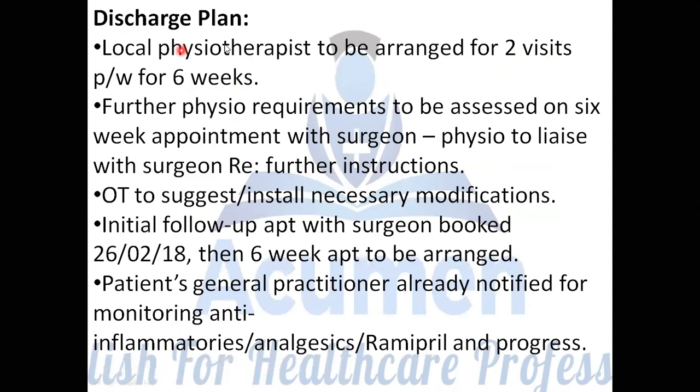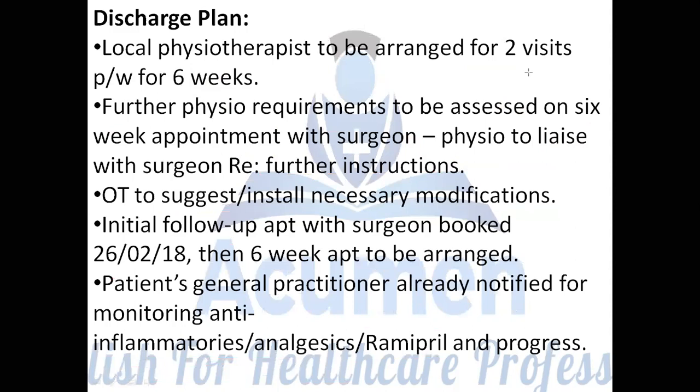So do not convert this into a sentence saying please refer him to a local physiotherapist, because you are writing to a local physiotherapist, right? And you are arranging it. Then it says further physiotherapy requirement to be assessed on 6 weeks appointment with surgeon. Physio to liaise. So see, very, very clearly it is given what the physio has to do.